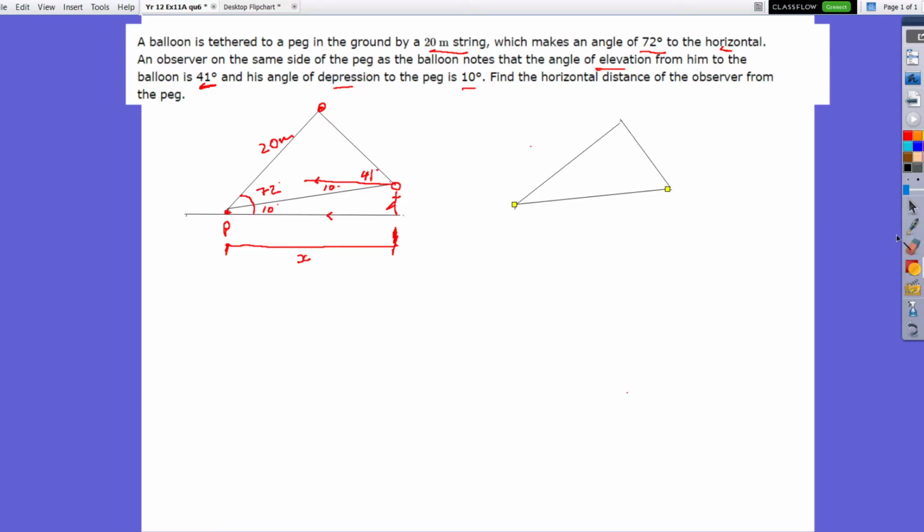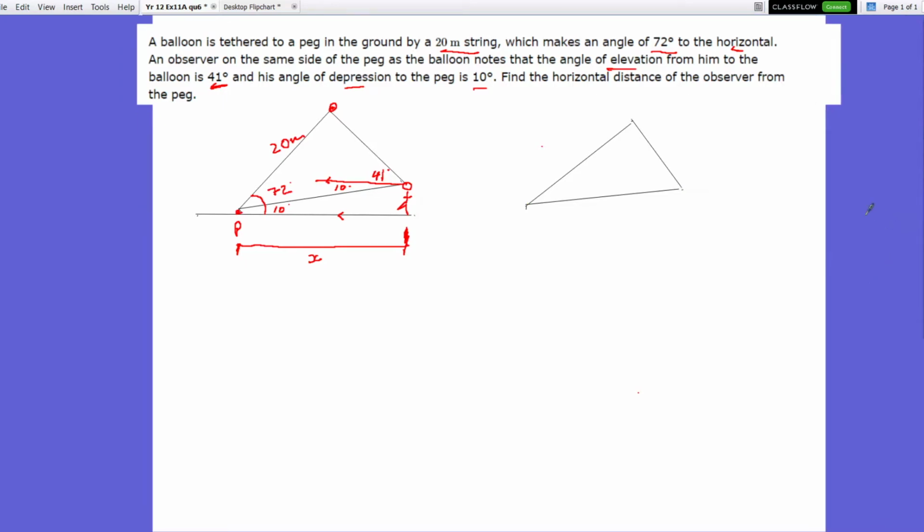Okay, champion. Now we know that this to the balloon, let's give this some letters. B for balloon, P for peg, and just call this G for gadget.